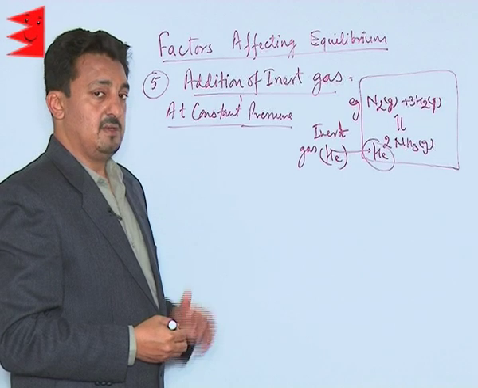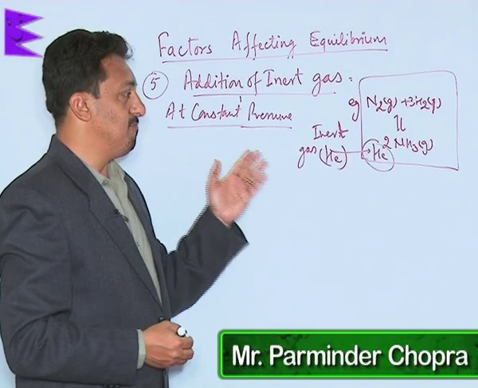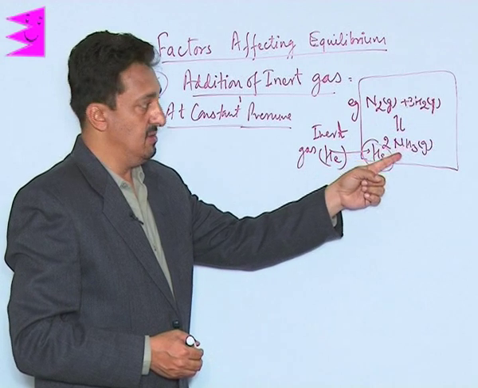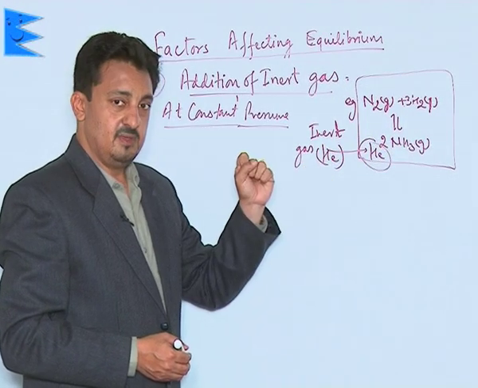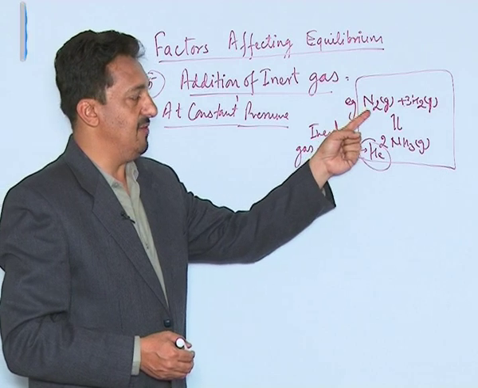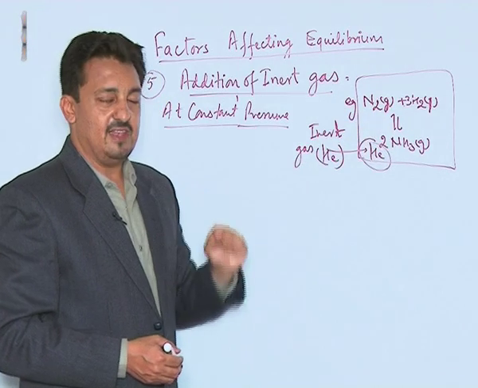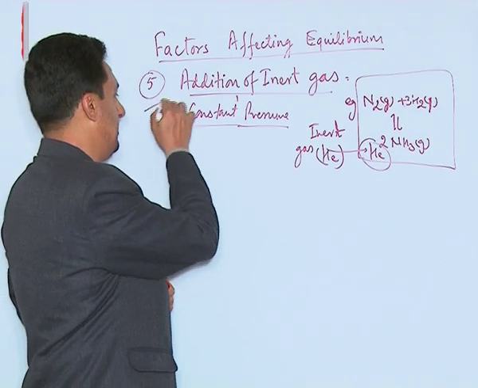Now let us take the addition of inert gas at constant pressure. It means this reaction is going on in a vessel. We have introduced helium into the reaction mixture involving nitrogen, hydrogen and ammonia, and the system was at equilibrium. Now we are keeping the pressure constant.